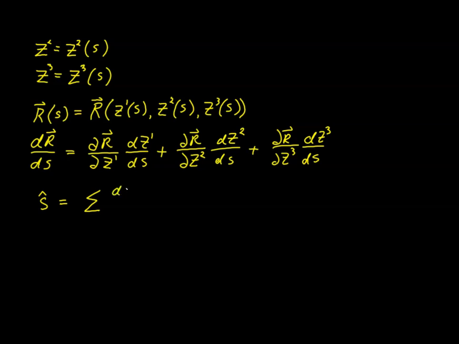I will reverse the order of the factors here, and this time I'll use an index. And now the partial of r with respect to that same coordinate with the same index. And note that the index is going to vary from 1 to 3. So we now have a concise form for writing this expression.